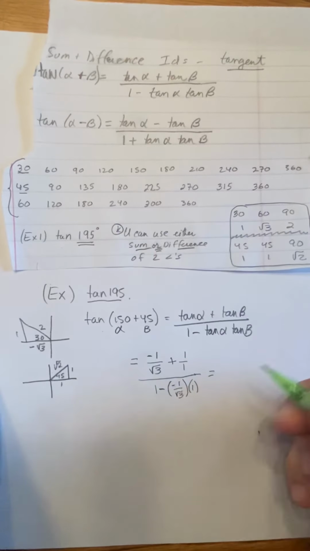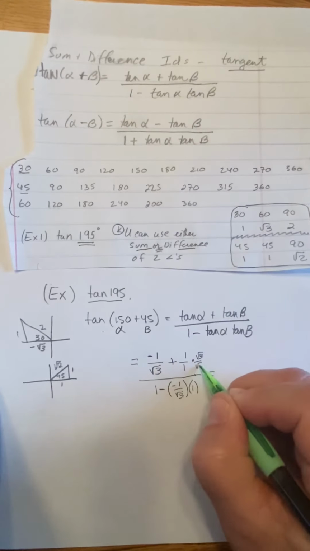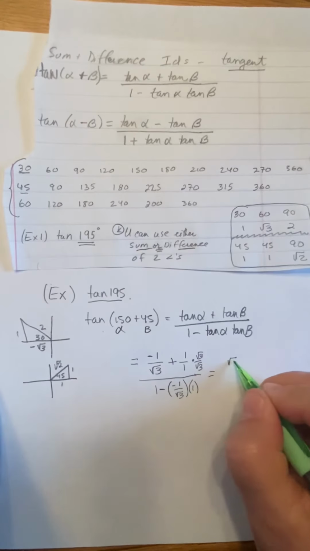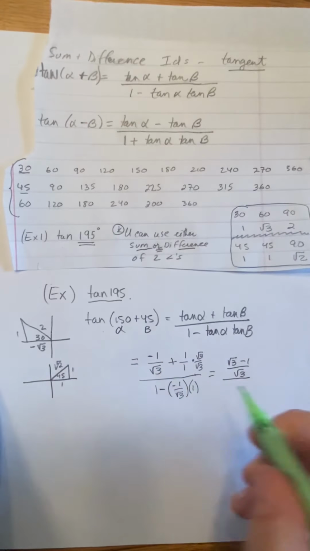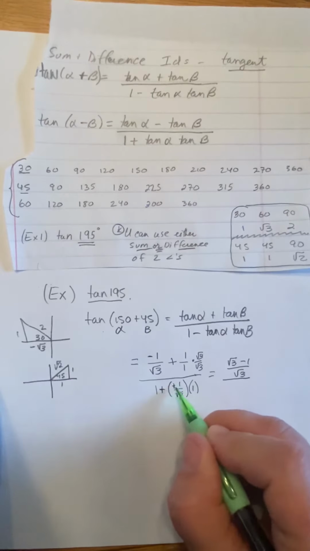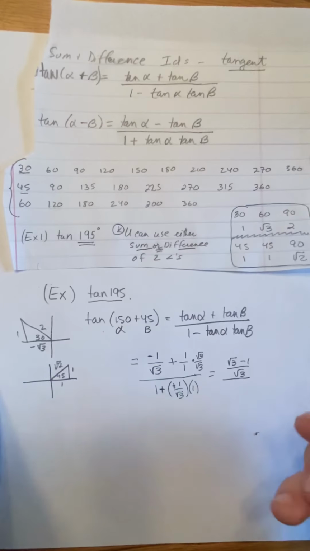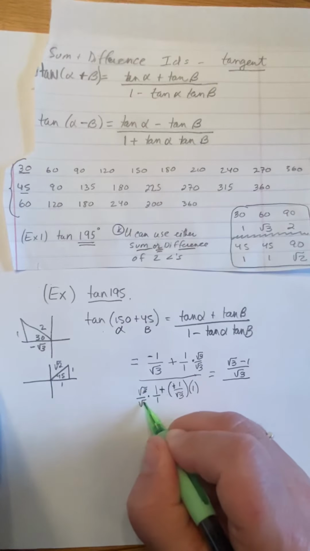Now we will simplify the fraction by finding the common denominator for my numerator first, which is radical 3. Then we will simplify again in the denominator. And here first, let's make sure we multiply or take the opposite of a negative. And again, the common denominator is radical 3.